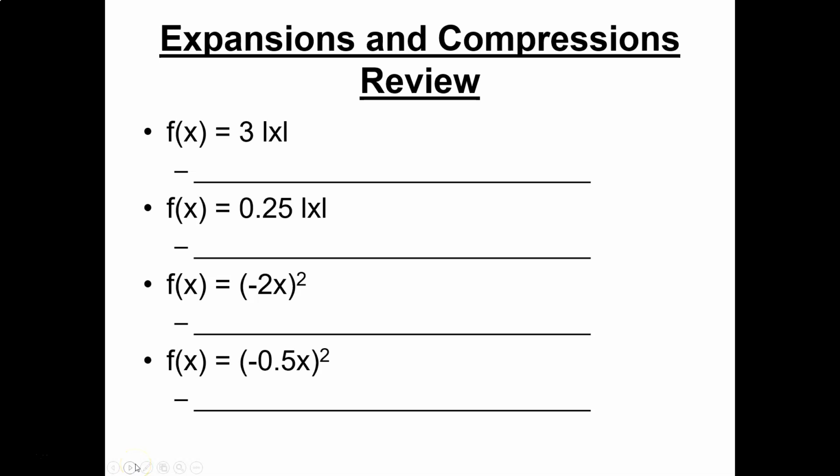I don't really know why I made these negative right here. Make them back positive. Negatives reflect things, and we're not going to worry about reflecting right now, even though they could still be negative. Be fine.